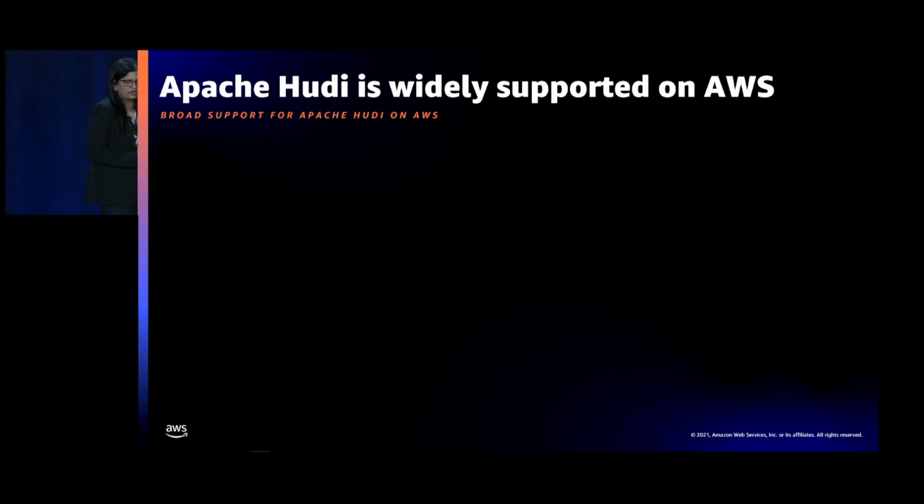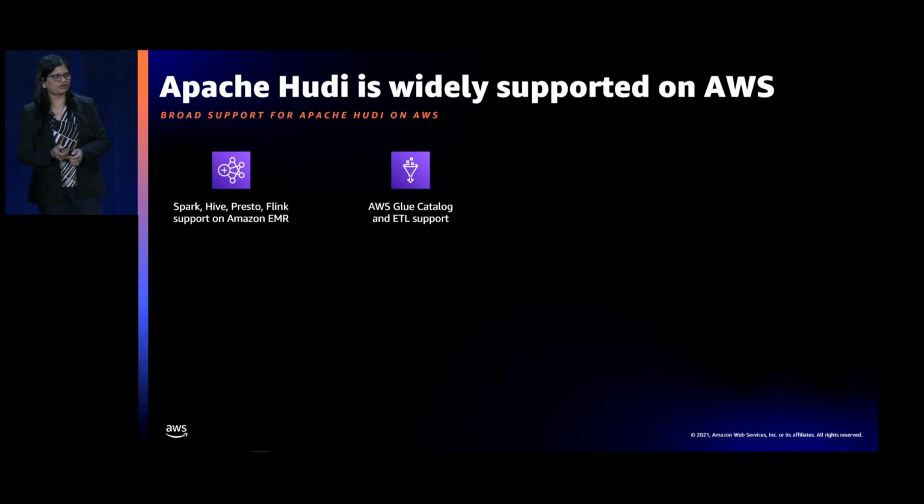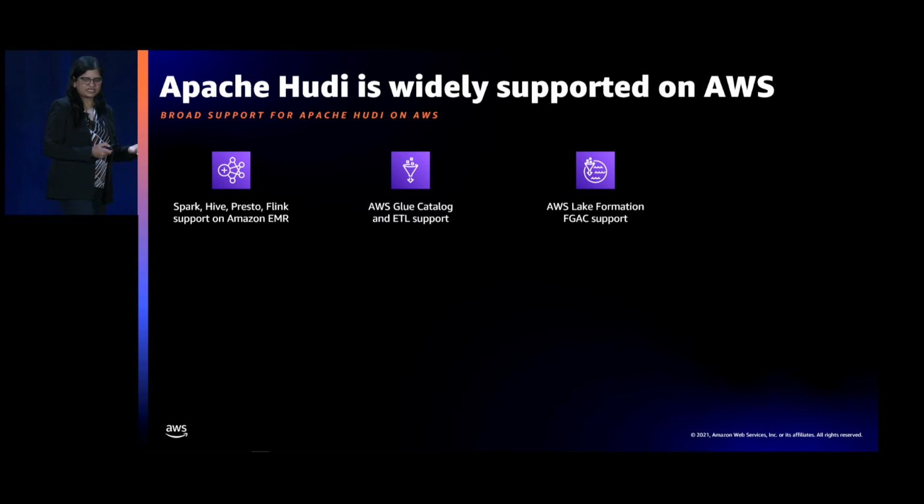And most importantly, Hudi is widely supported on AWS. We started to support Apache Hudi on EMR, and then soon a number of other AWS services started supporting Hudi as well. For example, the AWS Glue catalog and ETL support exists for Hudi, so there is a connector that you can use with Glue today. Lake Formation fine-grained access control is also supported with your Hudi tables.